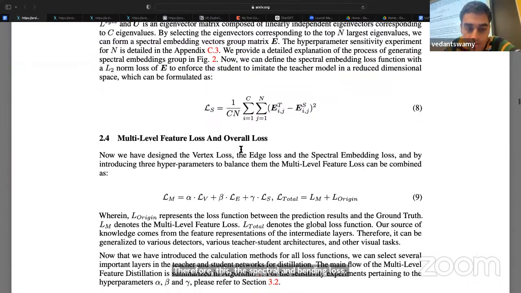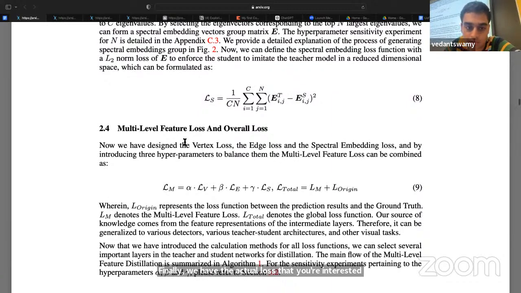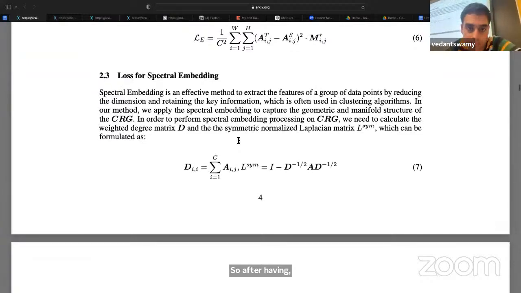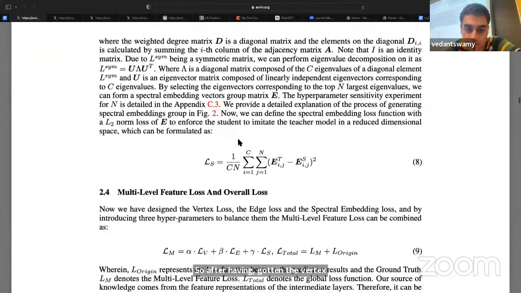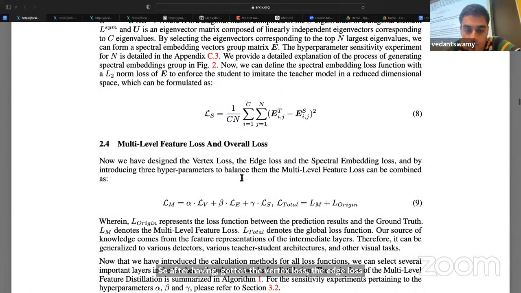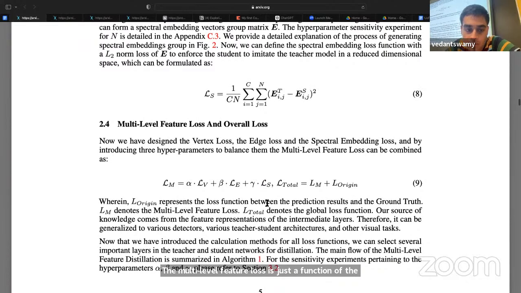Finally, we have the actual loss that we are interested in, which consists of the multi-level feature loss and the overall loss. After having gotten the vertex loss, the edge loss, and the spectral embedding loss, the multi-level feature loss is just a function of the vertex, edge, and spectral embedding losses.